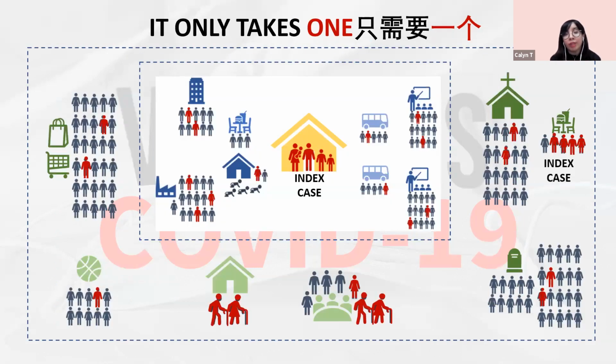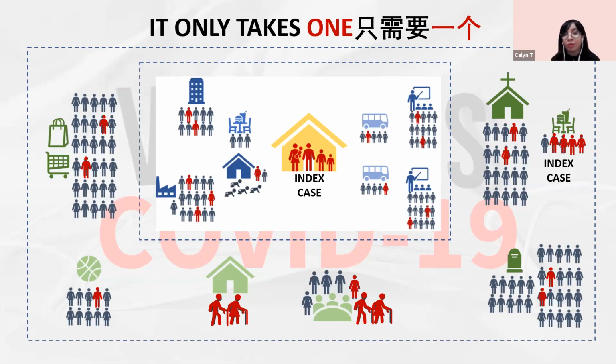So when it is in the community, it just means that we don't know who is infecting who. So it can come from this index case, which is the yellow box inside, or it can come from your right-hand side, which is the index case from another case, and you will start cross-infecting each other.